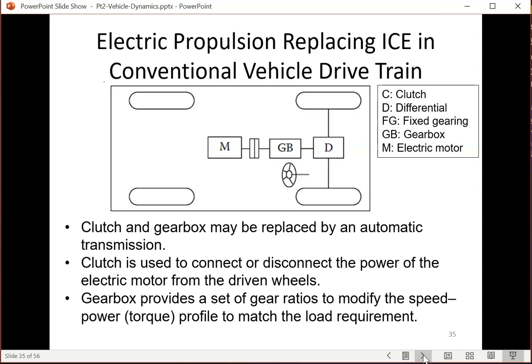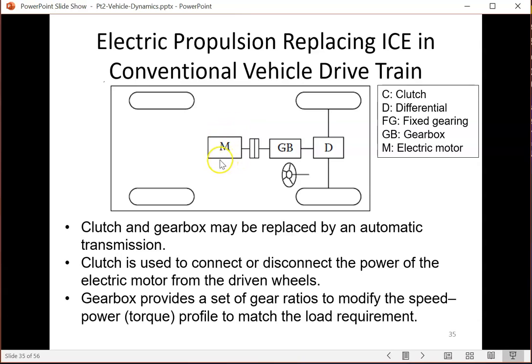Now, if you look at this diagram, I have two tires connected via what we call a differential gearbox. That is connected to another gearbox. The one in the middle is a clutch. The clutch allows you to connect and disconnect between the motor and the gearbox.